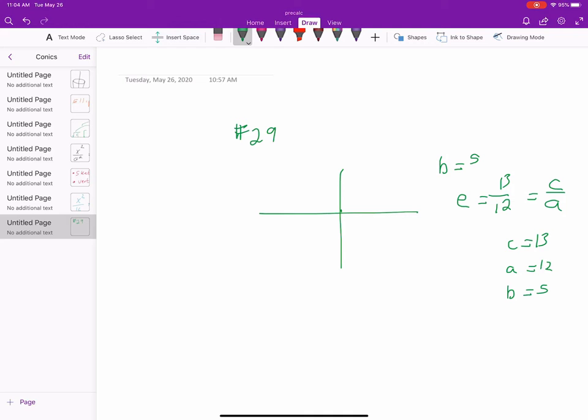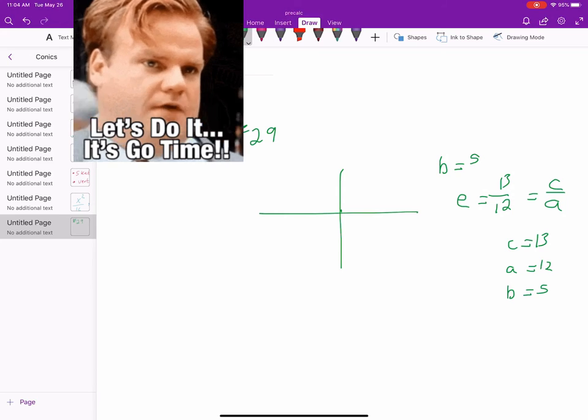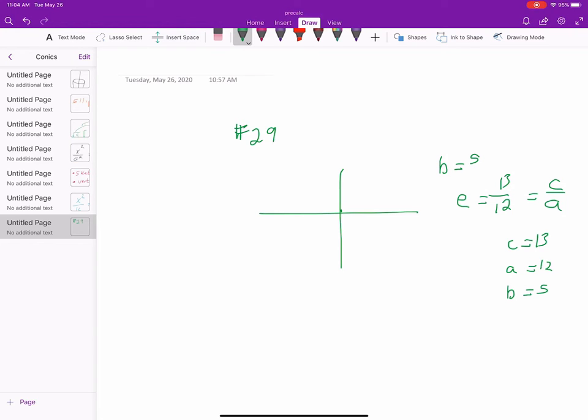So let's see. The one thing that I'm not sure about here is, okay, I got it. Focus axis is on the vertical. So that means that my focus is on this guy and this guy. I needed to know that, right?